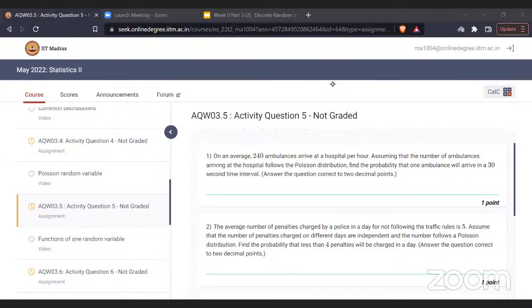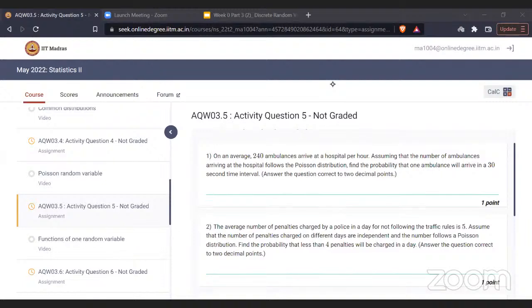Okay. The question says, on an average, 240 ambulances arrive at a hospital per hour. Assuming that the number of ambulances arriving at a hospital follows the Poisson distribution, find the probability that one ambulance will arrive in a 30-second time interval.